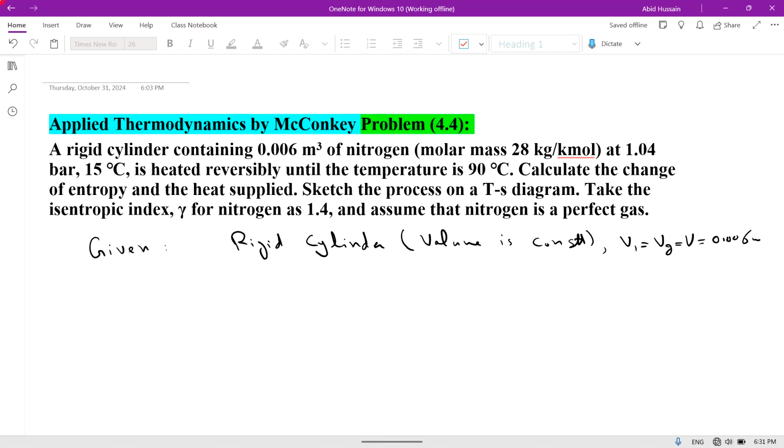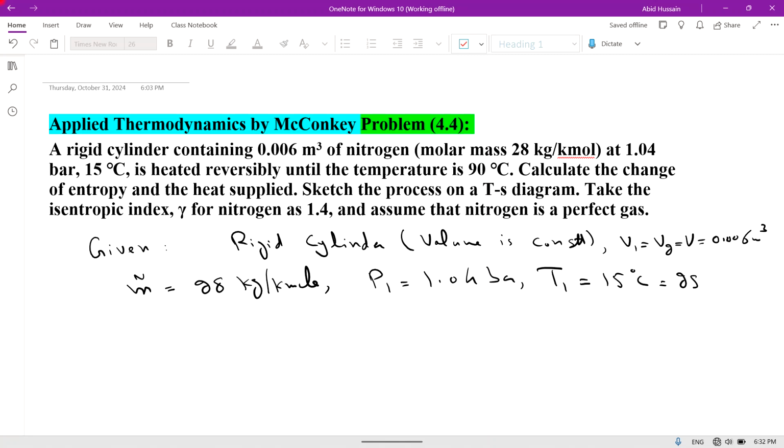0.006 cubic meter of nitrogen. Molar mass is 28 kilogram per kilomole. Initial pressure is 1.04 bar and initial temperature T1 is 15 degrees centigrade, which in Kelvin is 288 Kelvin.